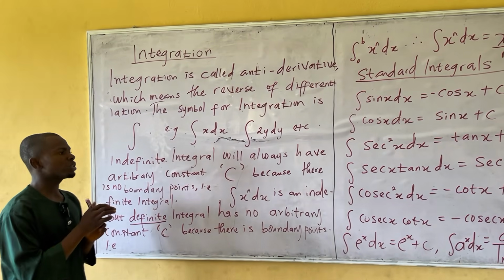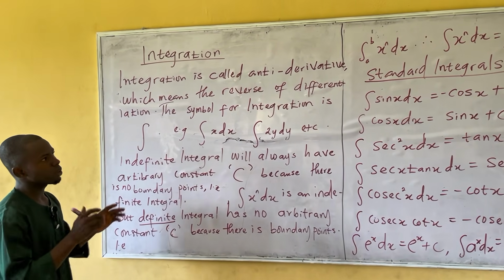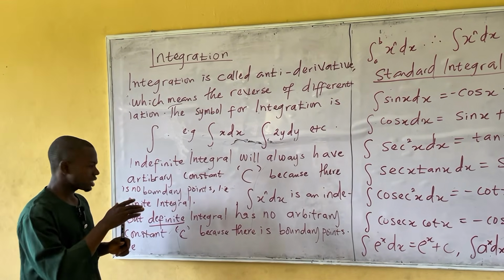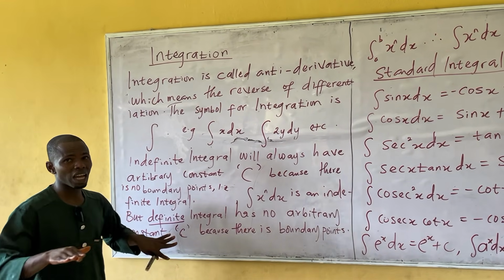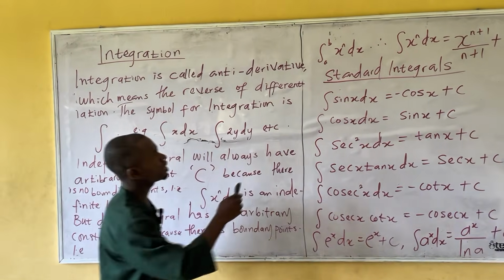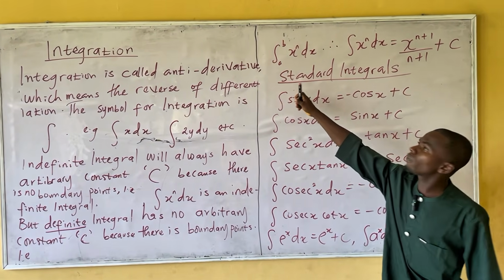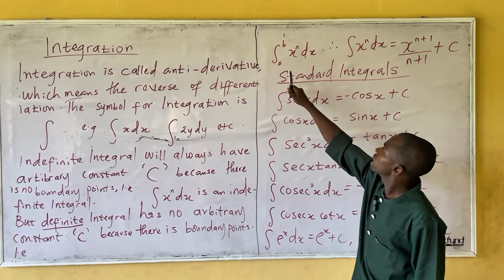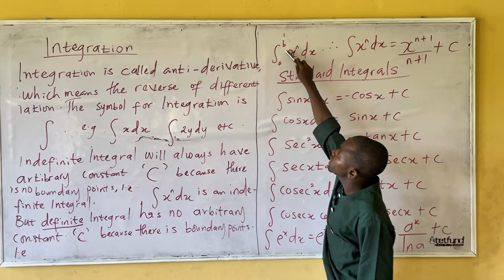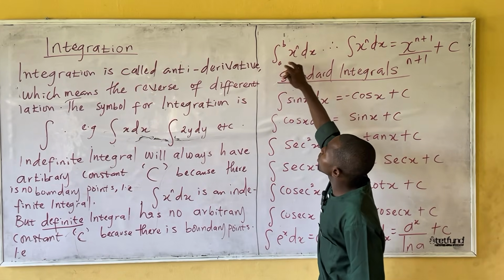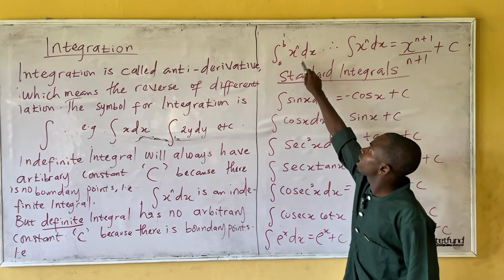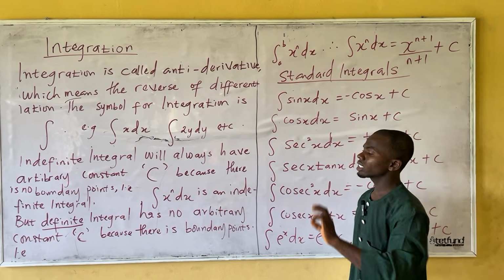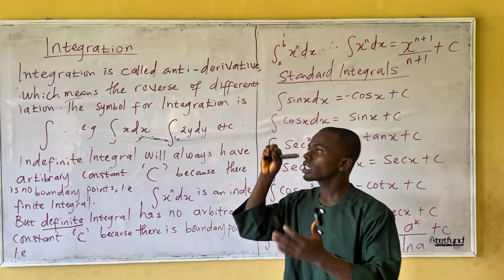Once there are boundary points, there will not be plus C in your final answer. If you look at this, the integral from A to B of x raised to the power of n dx, A is the lower boundary point and B is the upper boundary point. Since there is an upper bound and a lower bound, there will not be plus C. We call it a definite integral.